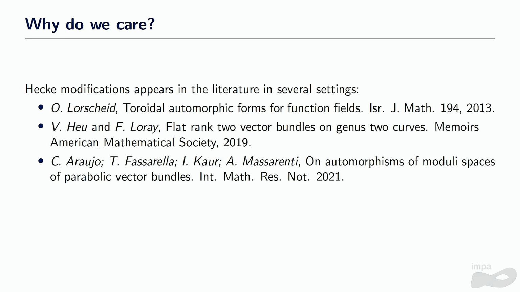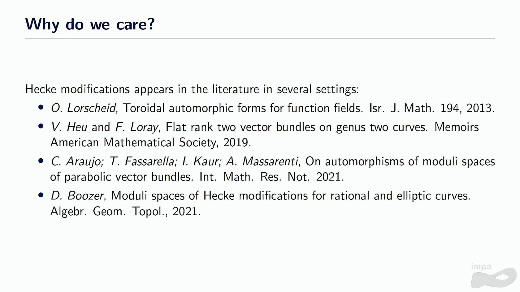One more example is the work of Araújo, Fassarella, Kaur, and Massarenti, where they apply Hecke modifications to study the automorphism group of the moduli space of parabolic bundles. And one more example is this article of David Boozer, where he also applies Hecke modifications for genus 0 and 1 curves to study the moduli space of parabolic bundles.